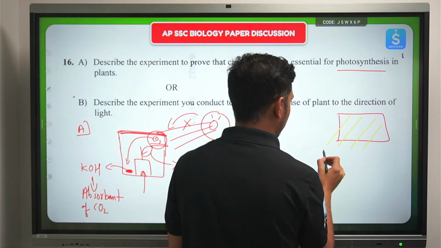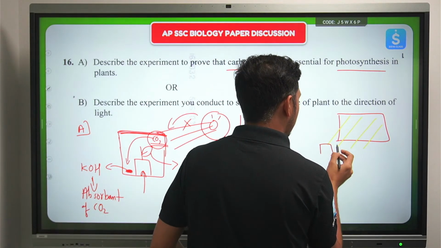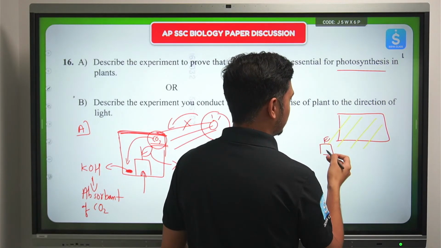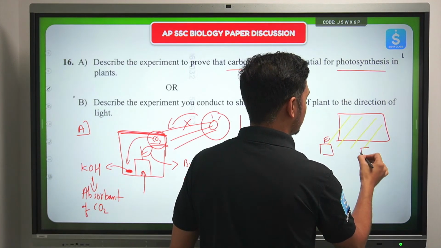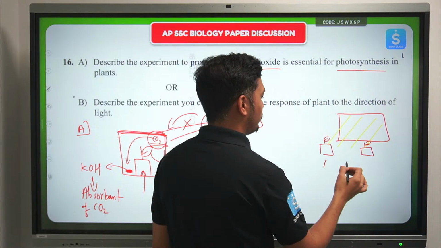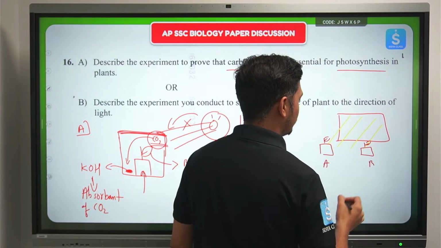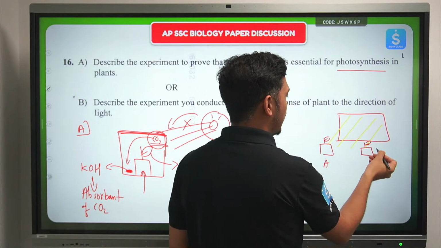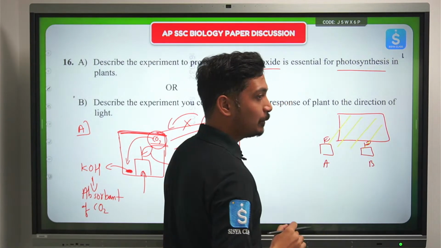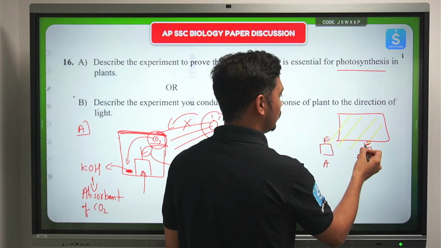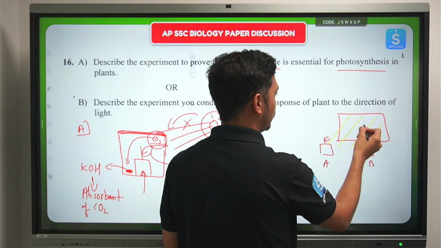We'll take two potted plants, one which is right beside the window but not exactly in the sunlight, and the other one over here. Now if you see, we have potted plant A and potted plant B. As these two plants will grow, plant B will always have an abundant amount of sunlight falling on it, and therefore it will keep on growing taller this way.